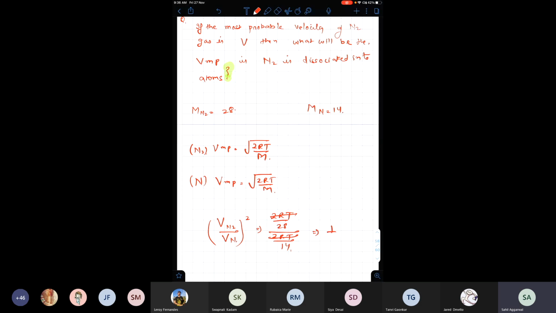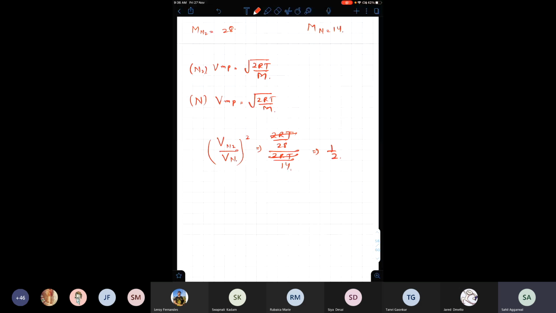So it will be 1 by 2. Once you got 1 by 2, take the square root. V of N2 by V of N is equal to 1 by root 2. So V of N is equal to root 2 times V of N2.